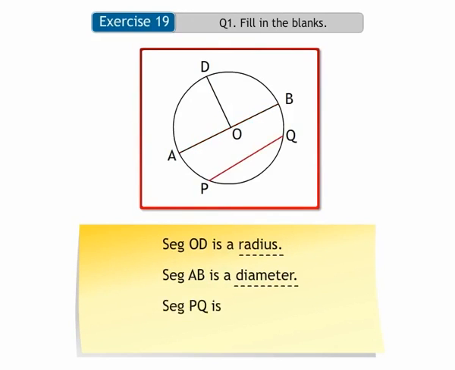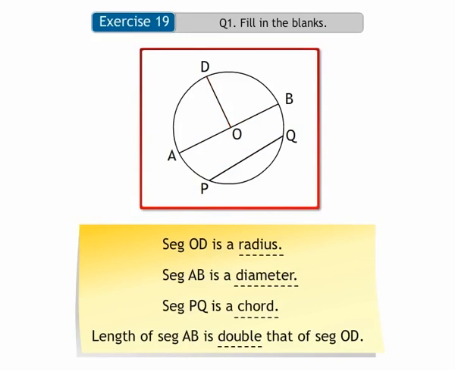Segment PQ is a chord. Length of segment AB is double that of segment OD. Because segment AB is the diameter, segment OD is the radius. And we have learnt that diameter's length is double that of a radius.